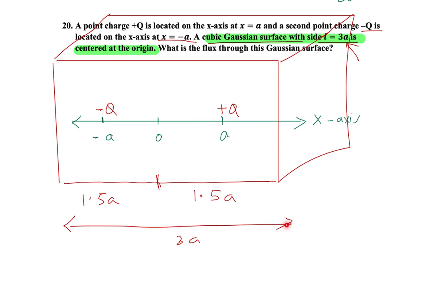The total length of one side of the cube is 3a. That means both the charges are going to be inside the cube, and one charge is positive, one charge is negative. So q in will be equal to plus q minus q, that will give you 0. That means the flux will also be equal to 0. So the net flux through the surface will be equal to 0.